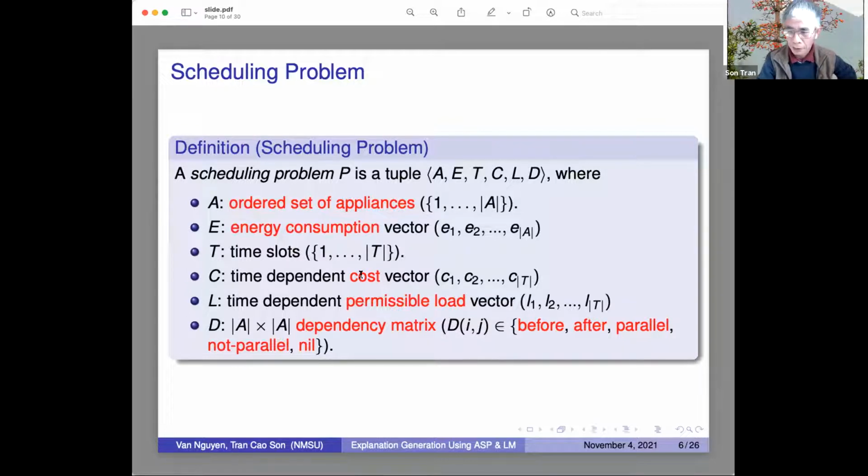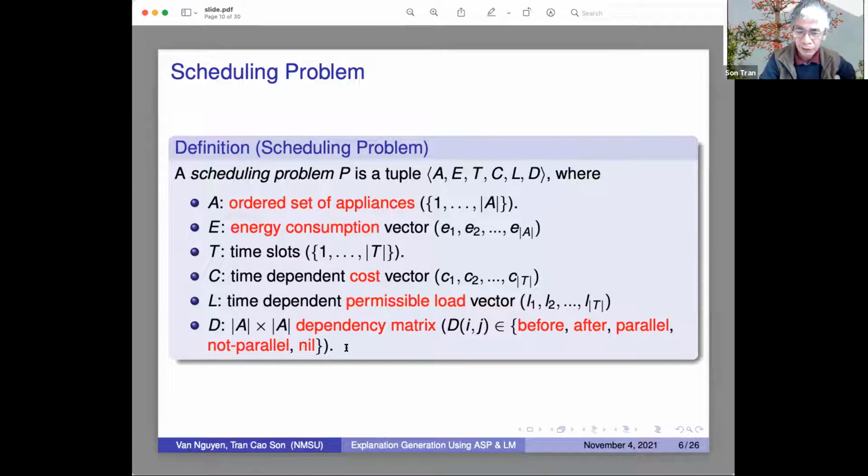Energy cost is time dependent, so we have a vector of costs, and then the permissible load, a vector for the house, which may be different at different times. And then the dependency matrix, which encodes information like whether certain appliances have to be on before or after another one, or whether they can be operated in parallel or not, and so forth.